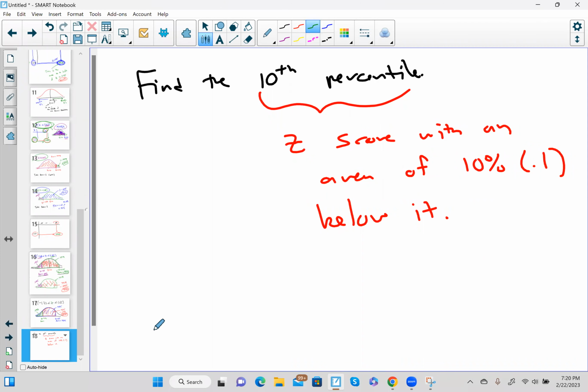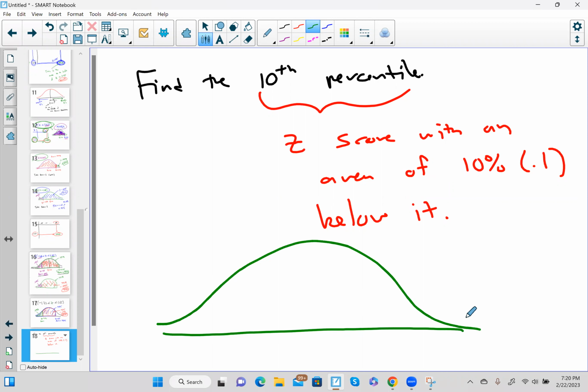So here we go. Let me draw a normal distribution again. And here's a question for the group. I don't know if we thought about this yet, but earlier I told you that the mean is always in the middle, and that always goes with z equals 0. So my question to the group is, without even looking in the chart, what percent of the area do you think is below z equals 0, if it's right in the middle of the graph?